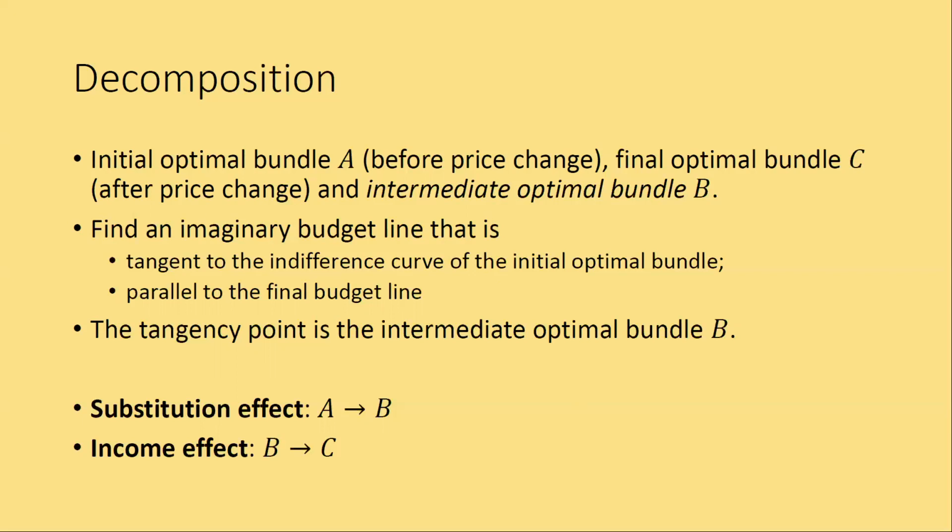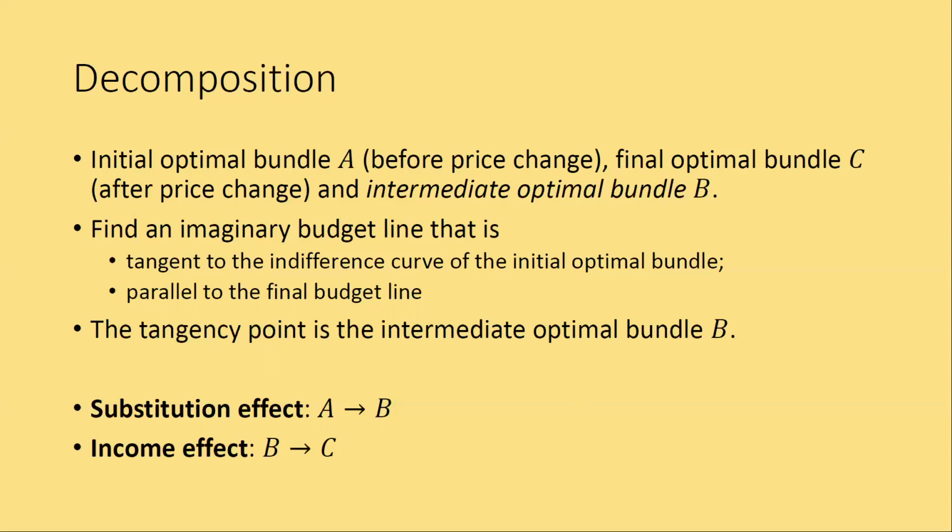So moving from point A to point B, the utility of the consumer does not change. And because point B is the tangency point of this imaginary budget line, it is an optimal bundle for the new price ratio, because this imaginary budget line is parallel to the final budget line. So the final budget line has the slope of the new price ratio.